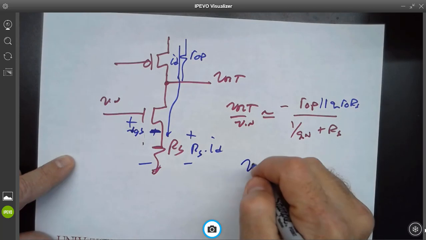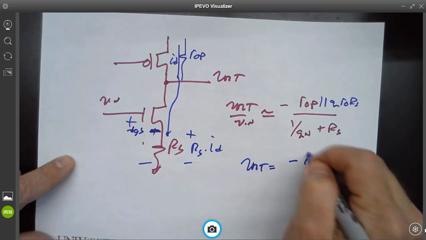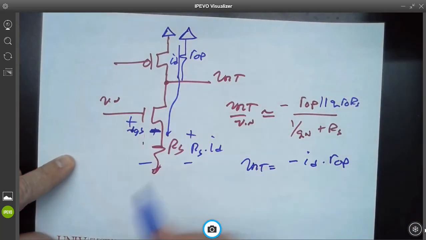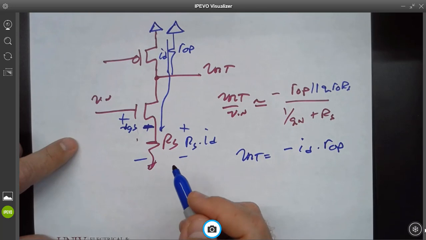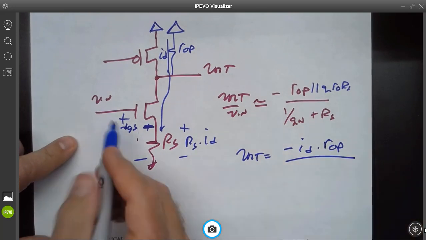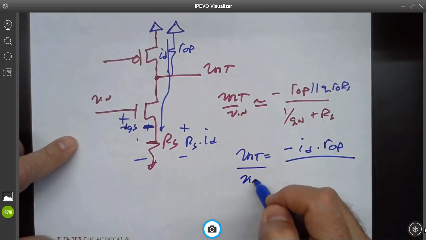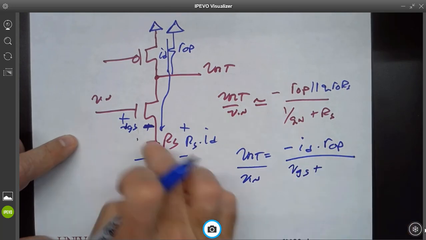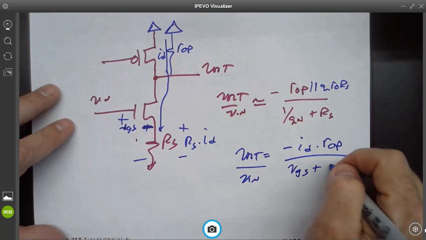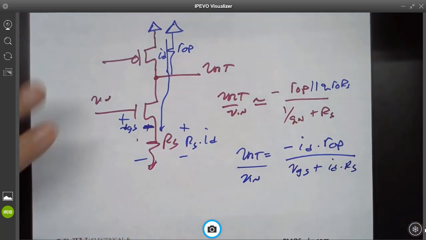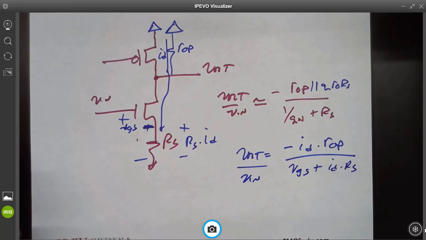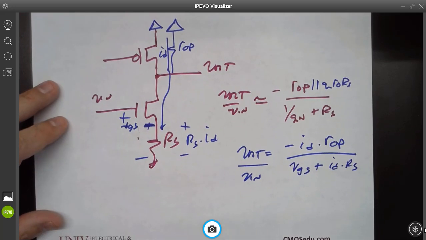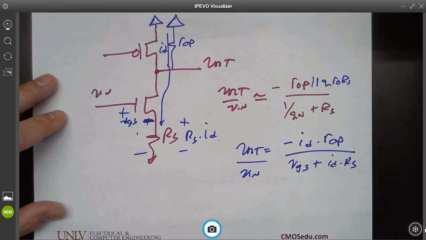So I can write V out equals minus ID times R out P. Looking good? And V in is VGS plus ID times RS. Correct?